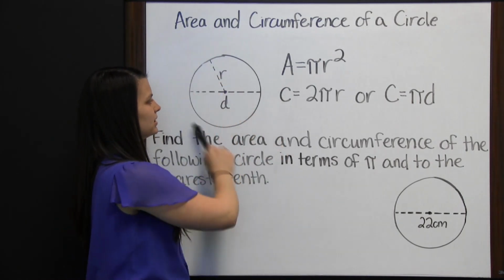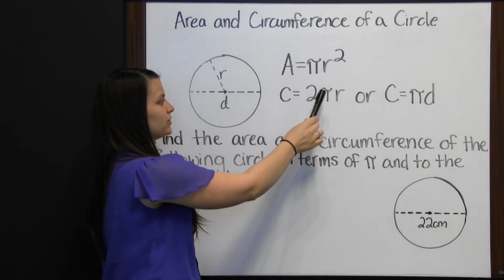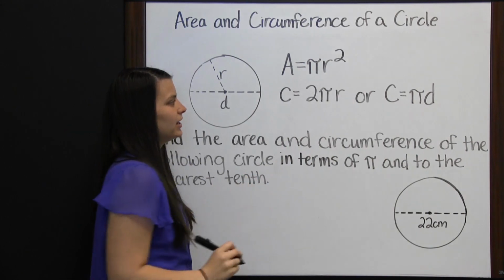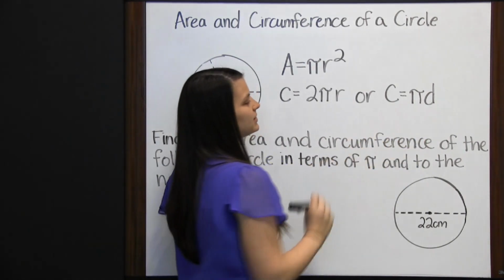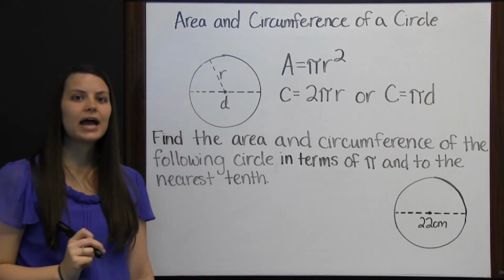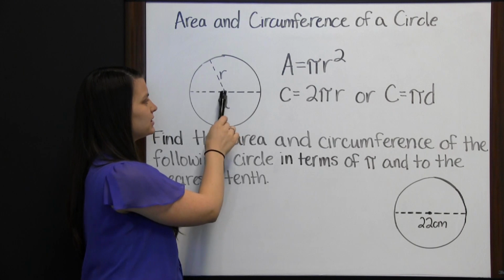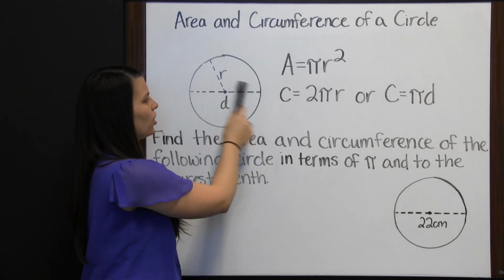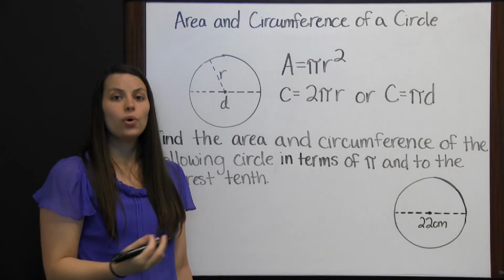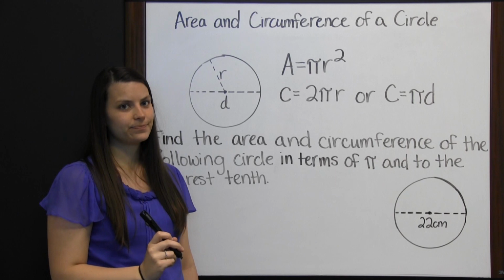Circumference, which is the distance around the circle, is 2 times pi times the radius, or pi times the diameter. The diameter of a circle is a segment that passes through the center of the circle and has its endpoints on the circle, or it goes all the way across your circle.